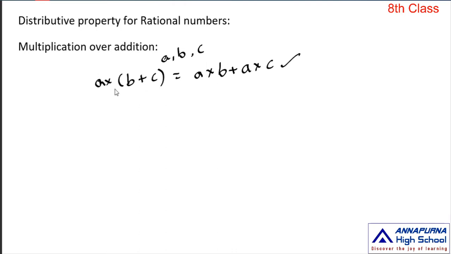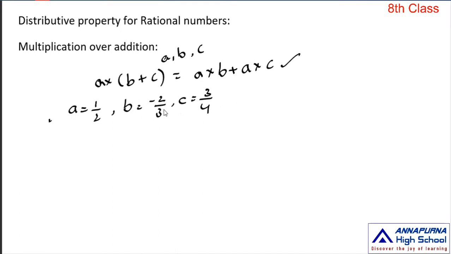Now let us verify whether this distributive property is satisfied for rational numbers. For this verification, we choose any 3 rational numbers. Here I am taking a is equal to 1 by 2, b is equal to minus 2 by 3 and c is equal to 3 by 4.